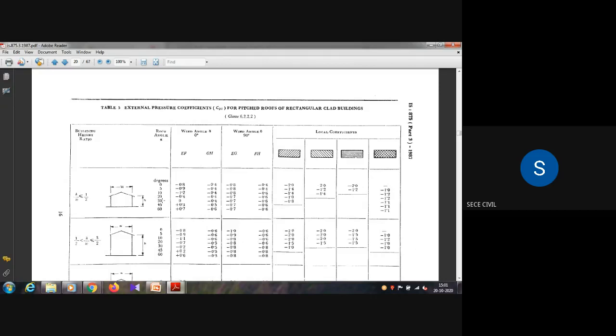The wind angle is 90 degree. For 20 the value is minus 0.7, and for 30 also minus 0.7. So we took the external pressure coefficient as minus 0.7.